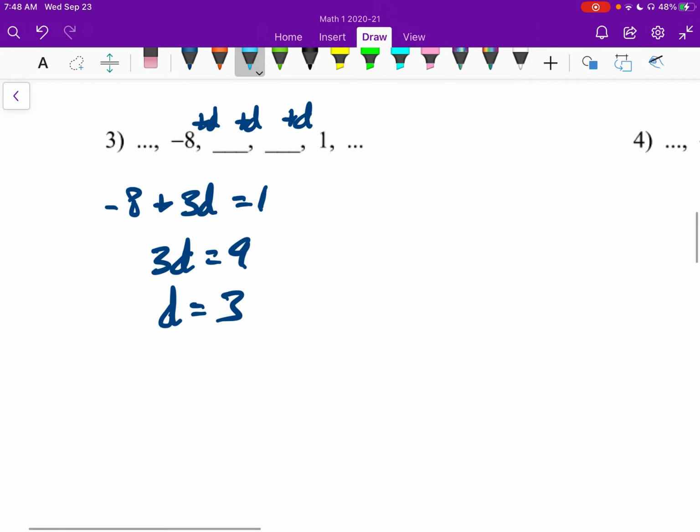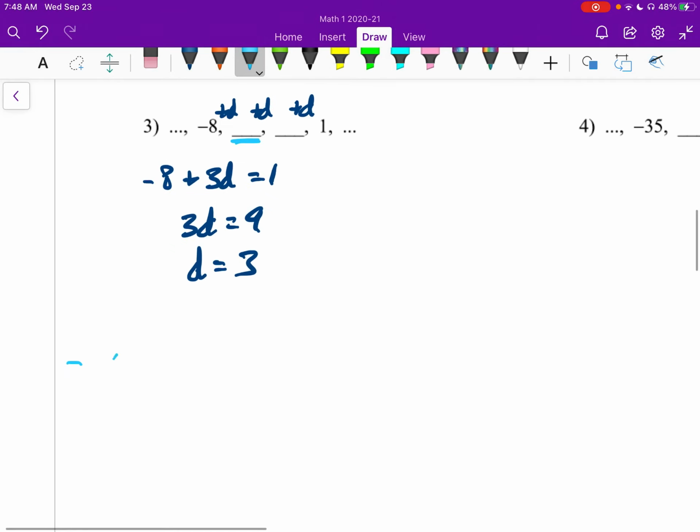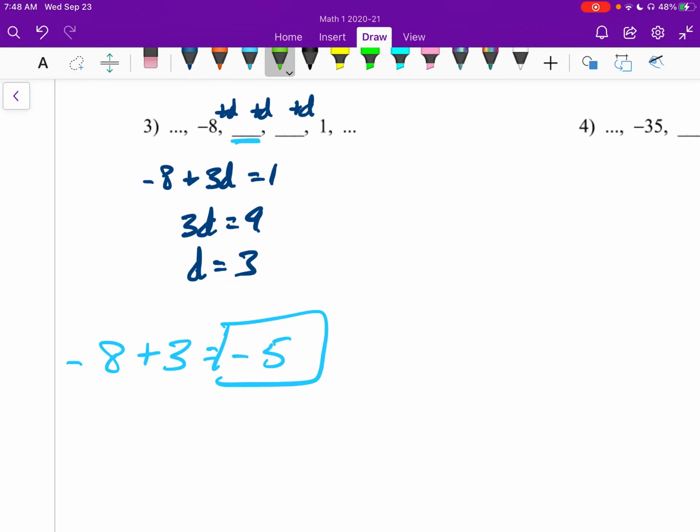So to get my first blank, I'm going to say, well, negative 8 plus 3 is negative, what is that, 8, 7, 6, 5, negative 5. And to get my second blank, negative 5 plus 3 is going to be negative 2.